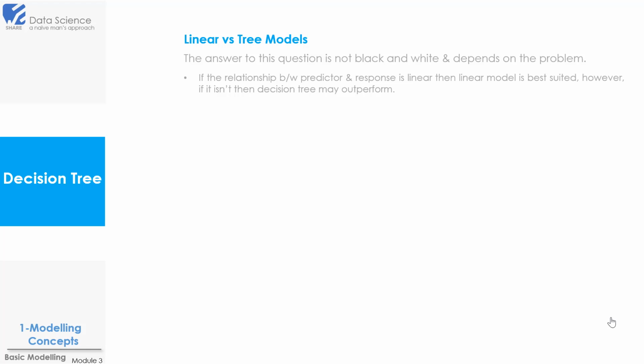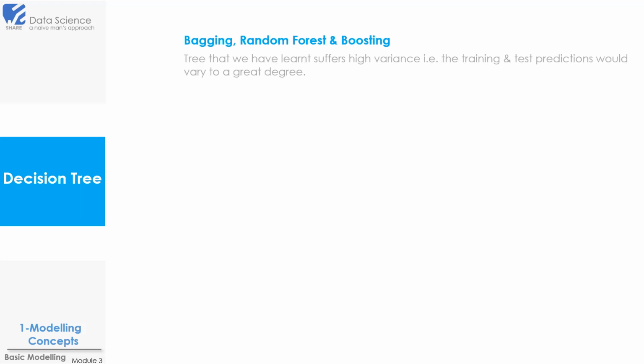However, if it is not the case, then a decision tree may outperform. The advantage of trees is that they are easy to interpret and explain. But this ease of interpretation comes at the cost of accuracy of predictions. So there are multiple factors that need to be considered before choosing which type of model we are going to use. Now moving on to the next topic, that is bagging, random forest and boosting.